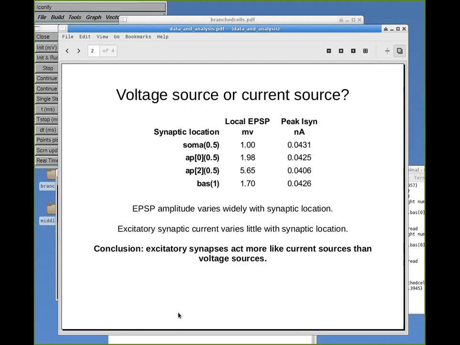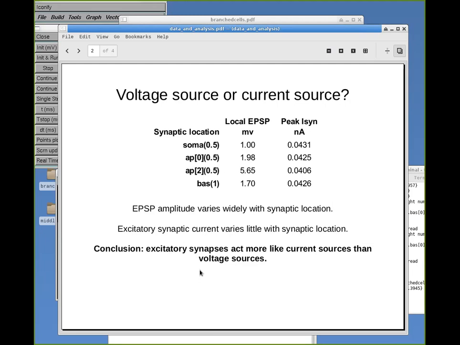Okay, so excitatory synapses act more like current sources than like voltage sources. If you go back and look at all the classical papers about electrotonus, they're all obsessing about, well, if you have a 1 millivolt depolarization here, how many millivolts depolarization is it after it spreads to over there? Their real question, maybe they should be focusing on synaptic current.